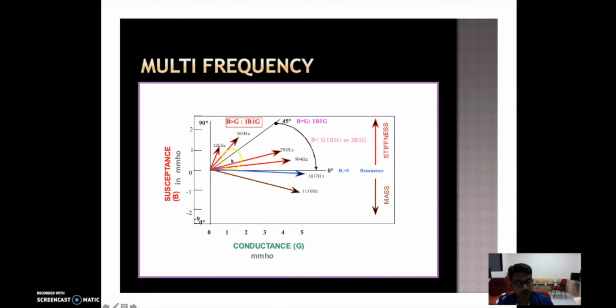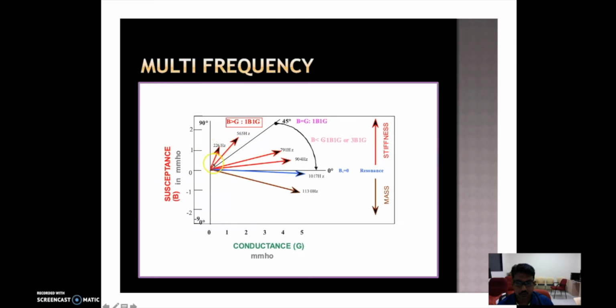Even if you increase the frequency, the impedance vector still doesn't come very close, it doesn't change as in the normal case. Rather, it changes very slowly.